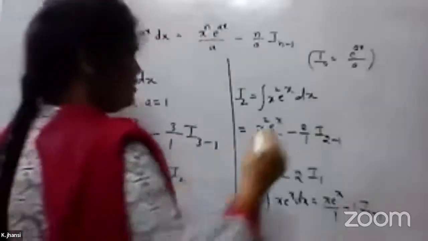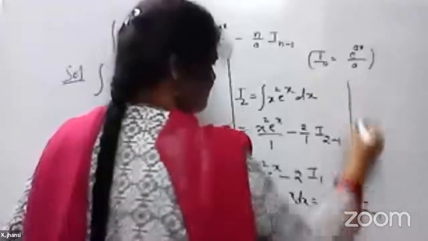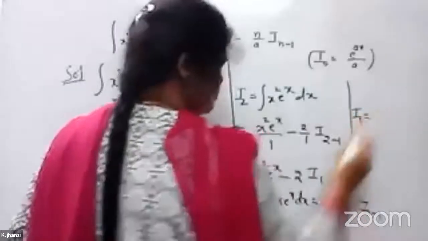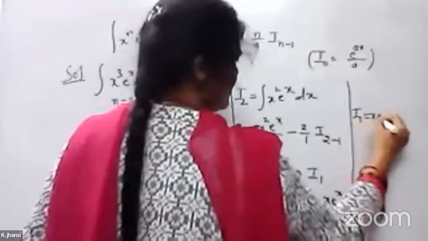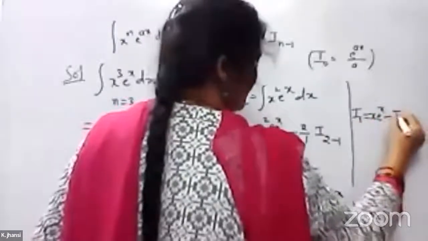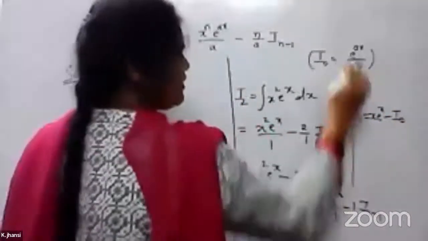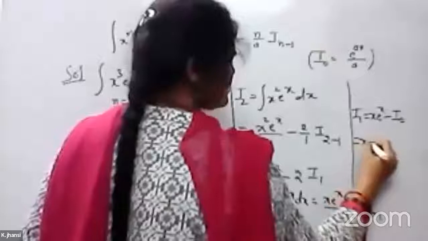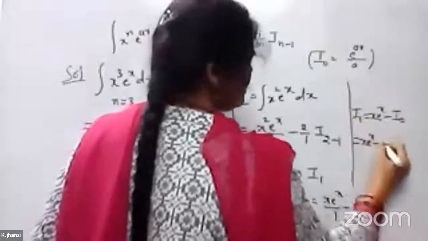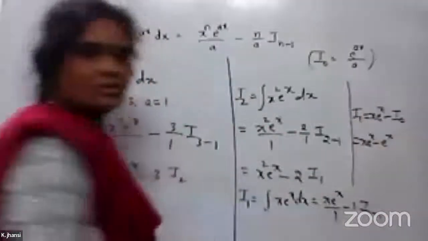You are not able to see. Okay, so here I am writing I1. I1 is equal to x e power x minus I naught. So what is our I naught value? This one, that is x e power x minus e power x.